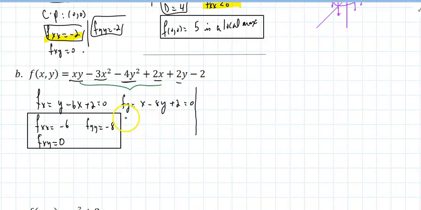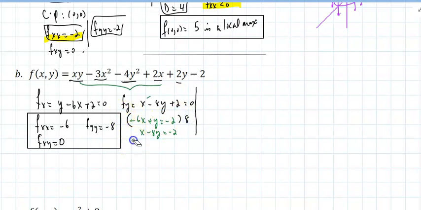This is where I'm going to solve the equations. Well, let me put it in order. -6x plus y equals -2, and x minus 8y equals -2. I could use substitution, of course, if I want, or I could simply say, let's multiply the top equation by 8.